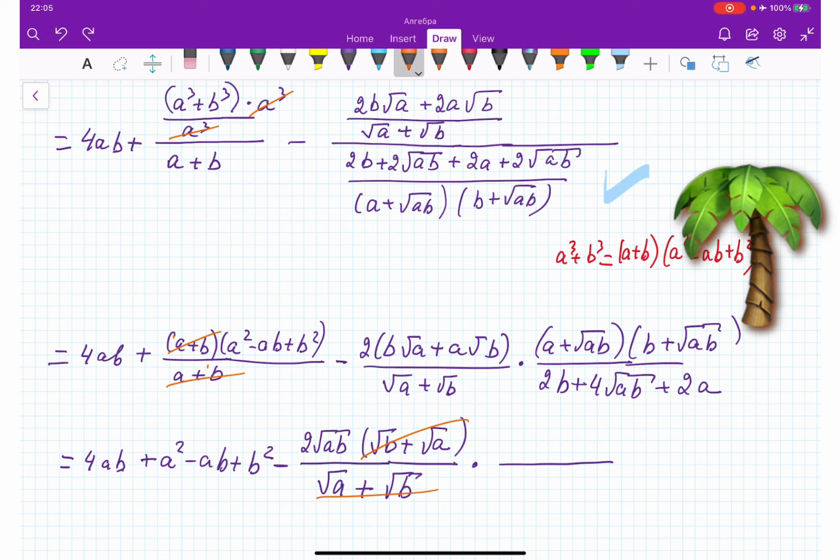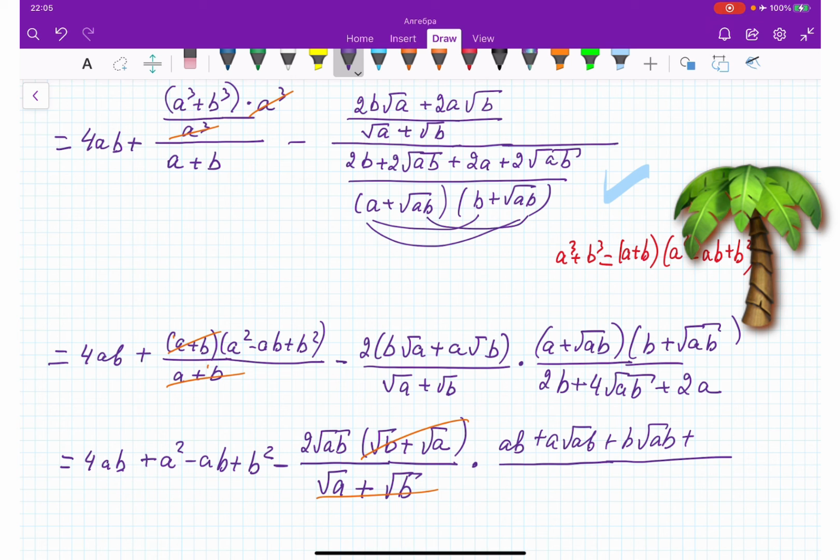Let's see what we're going to get here. It's going to be ab times a square root ab, and then plus b square root ab, and plus ab times ab, right?